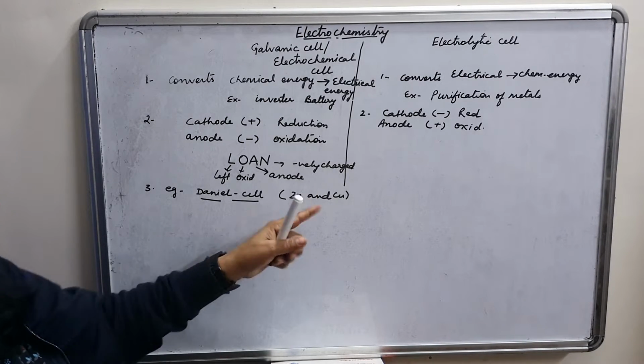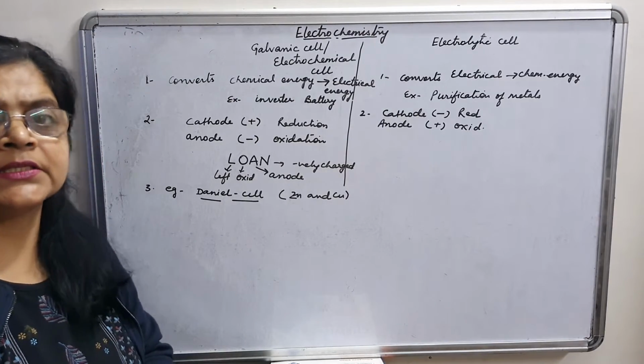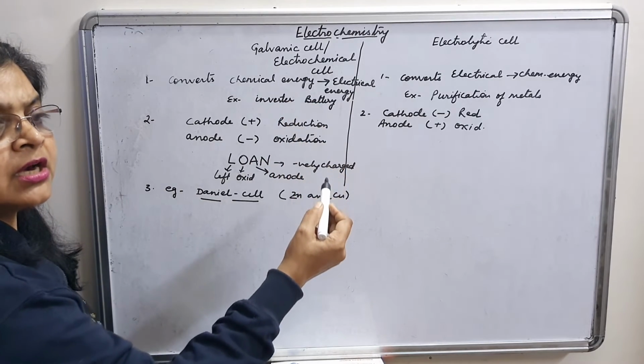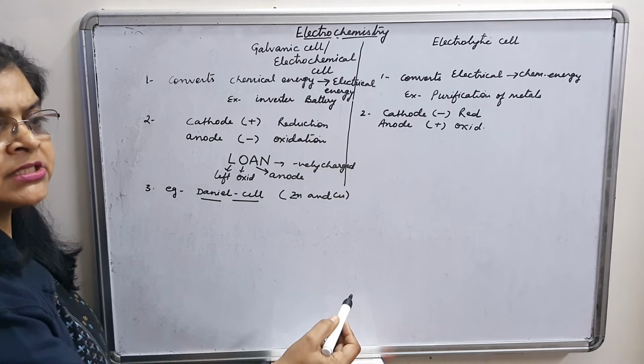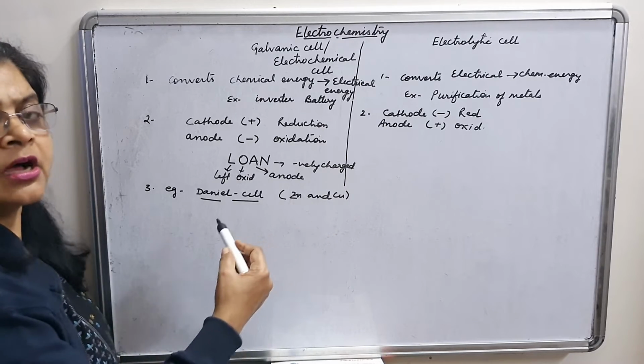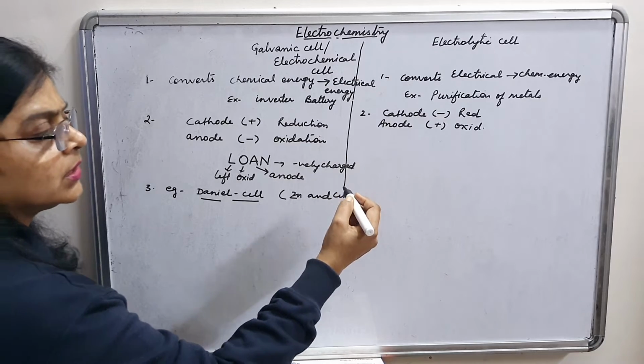How can we say this is more reactive? For that we have to see the electrochemical series. In that series, more reactive metals are there, less reactive metals are also there, and they are differentiated by hydrogen. We have learned this also in the lower classes.